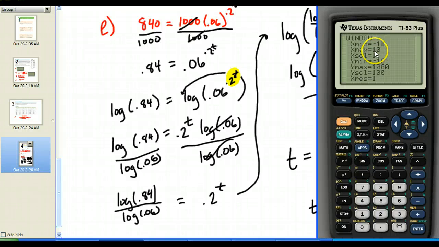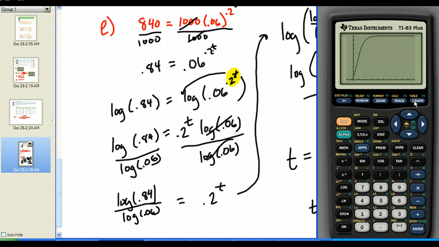You could even put something like 5. But then for our y min and y max, I've made the y max 1,000 and the y scale 100, just because 1,000 was our maximum value from the original formula. Alright, so graph that. So there's our function, and notice once it gets close to 1,000 it just levels off.